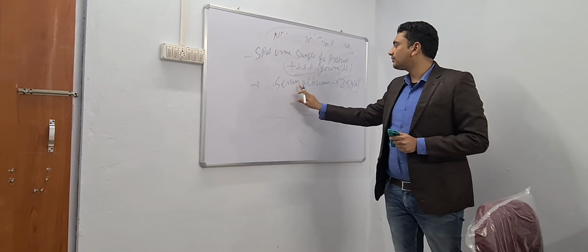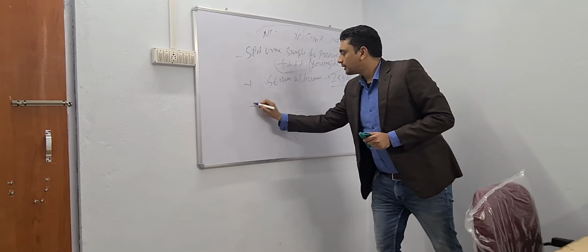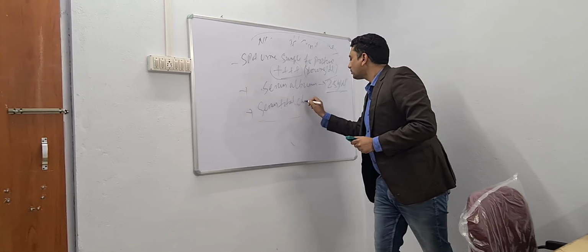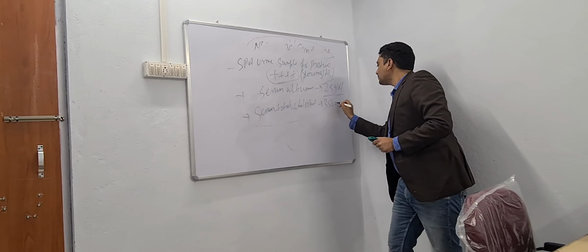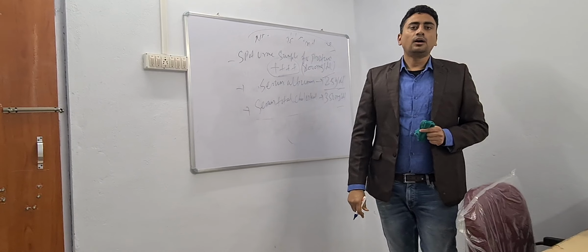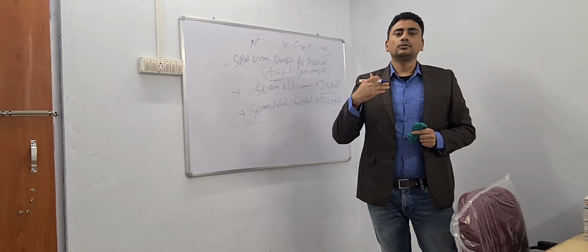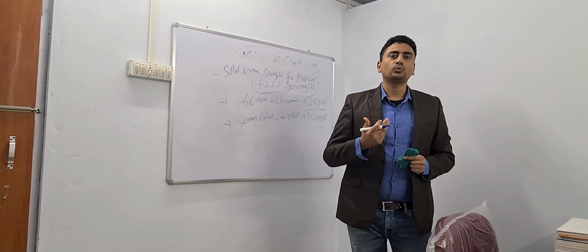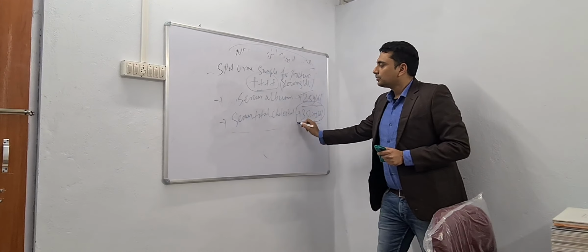And the serum total cholesterol was around 350 mg per dl. So there was increased serum cholesterol level, hypercholesterolemia, and the normal range, as all of you might know, of serum cholesterol is around 150 to 200 mg per dl.